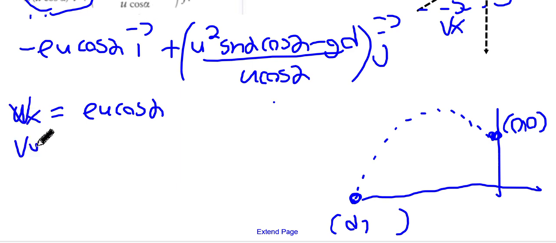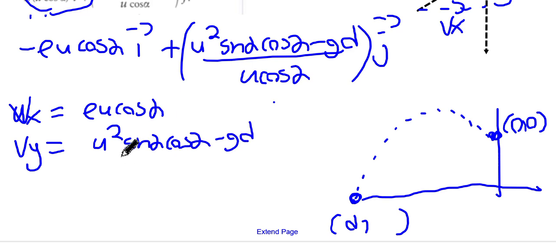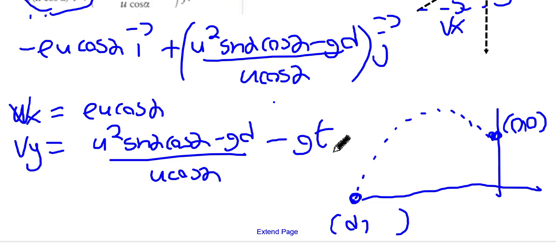Now what's phi y, guys? It's going to be a bit of a mouthful. It's going to be u squared sine alpha cos alpha minus g d all over u cos alpha, and then it's going to be minus g t. Just rolls off the tongue. Now, what about Sx? e u t cos alpha.